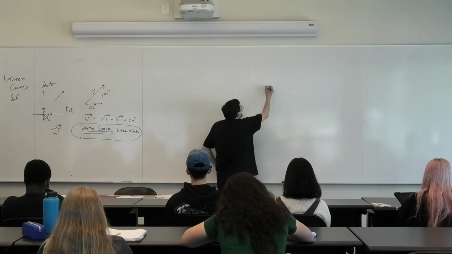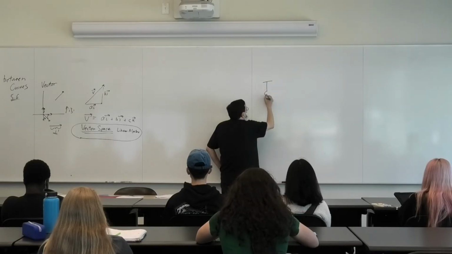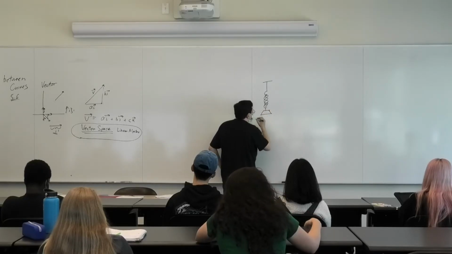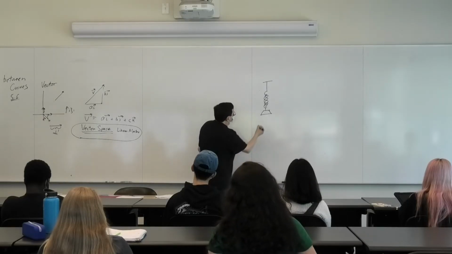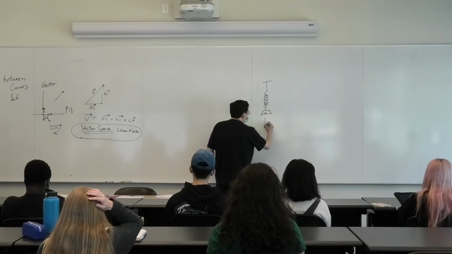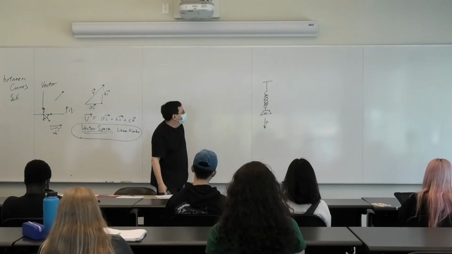And one very simple thing you look at in physics is you put kind of a weight on a spring, and this weight, there's a gravitational force involved, right? Which itself is a vector.